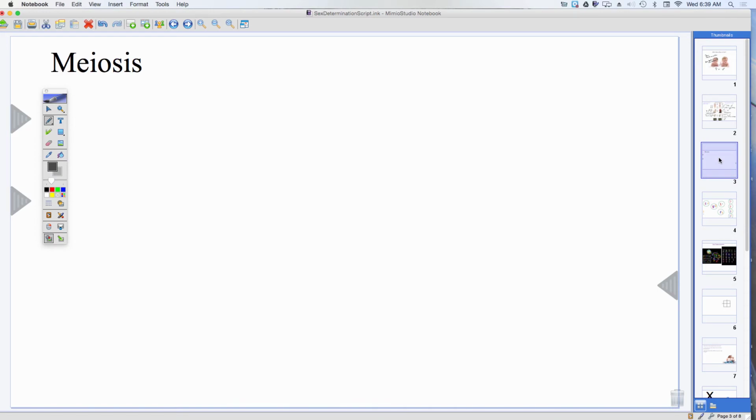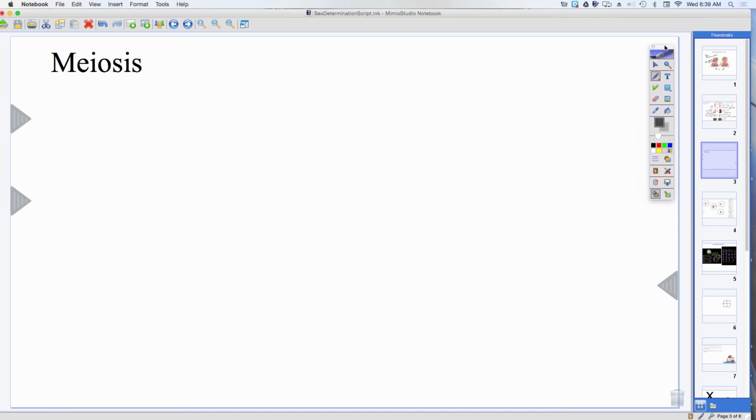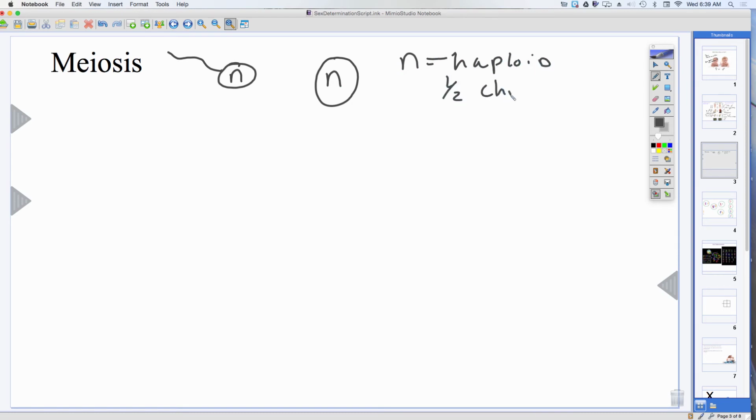Now, sex determination and the inheritance of traits occurs as a result of gametes that fuse together. So recall, gametes are the sperm and the eggs, and we describe the gametes as having N chromosomes each. That is, N is haploid, which refers to half the chromosome set.